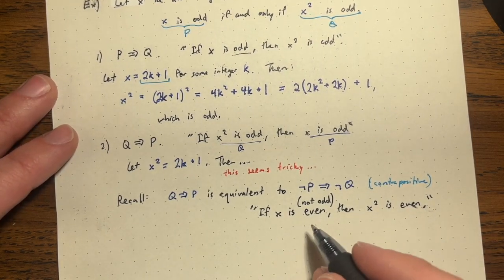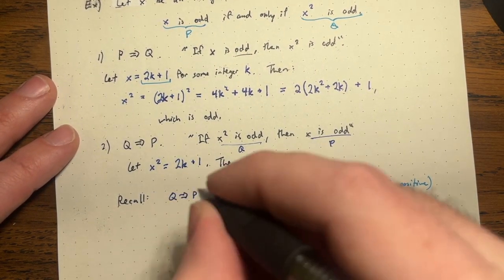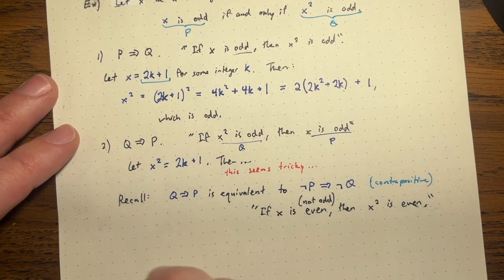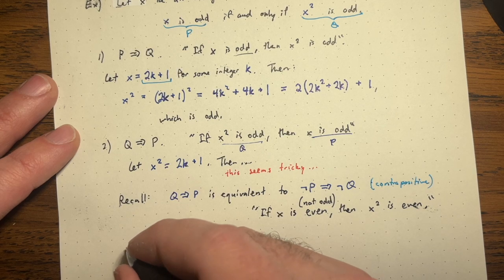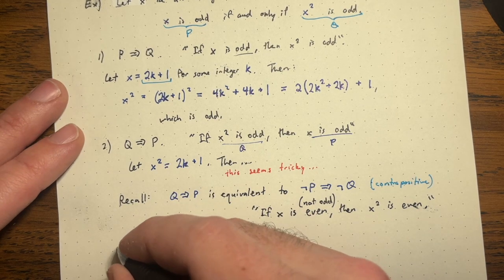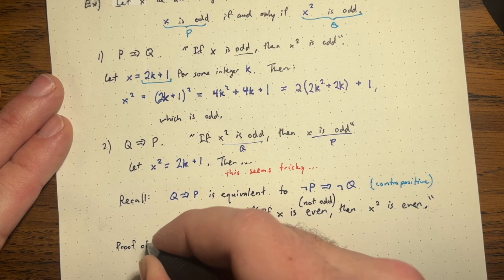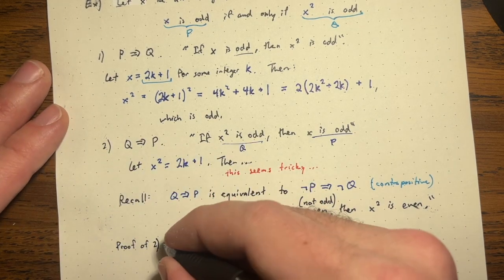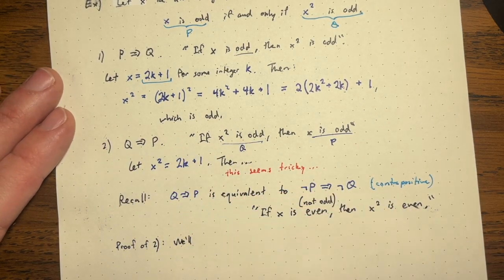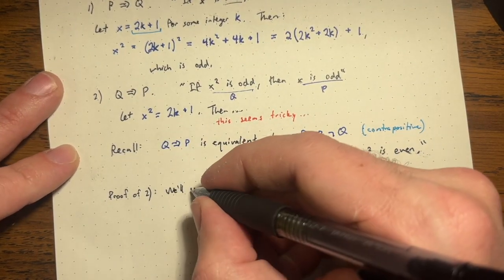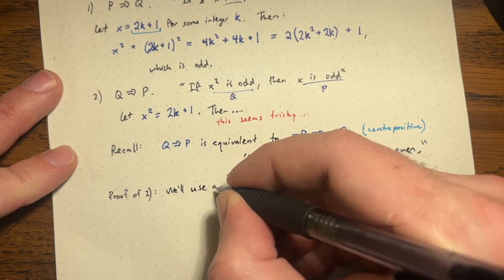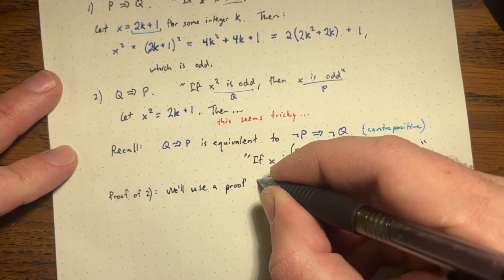Before we get ahead of ourselves, let's try to actually write out our proof. So here's our proof of part 2. Often it's good to make it clear to the reader that you're proving a contrapositive instead. So we'll use a proof by contrapositive.